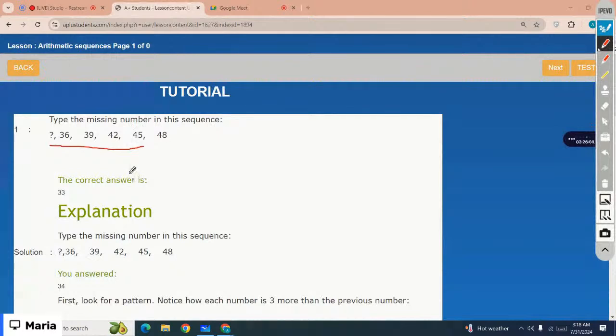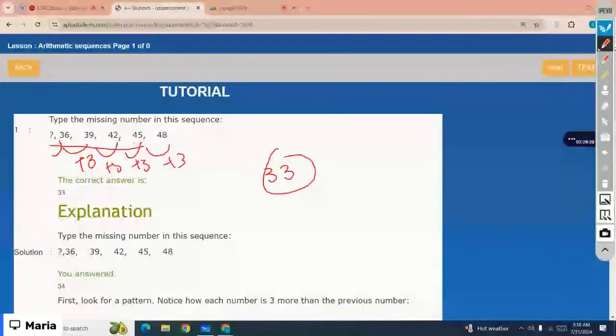Rule means you have to see how the pattern is growing. 36, 39, 42, 45, 48. So 36 plus 3 is 39. Going backward, 36 minus 3 is 33. That is the missing number.